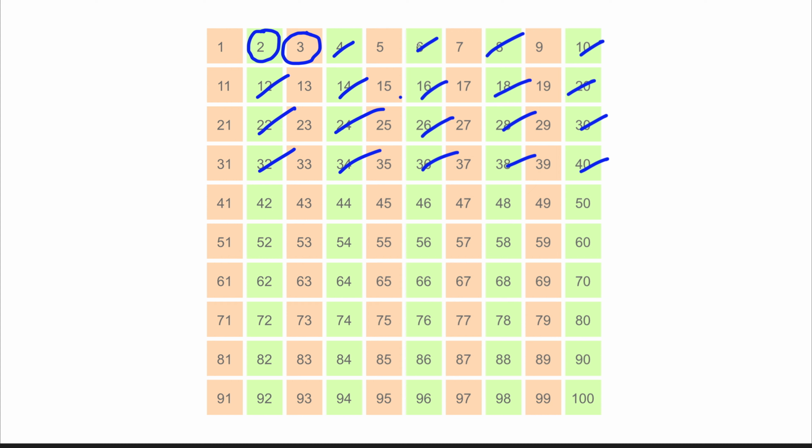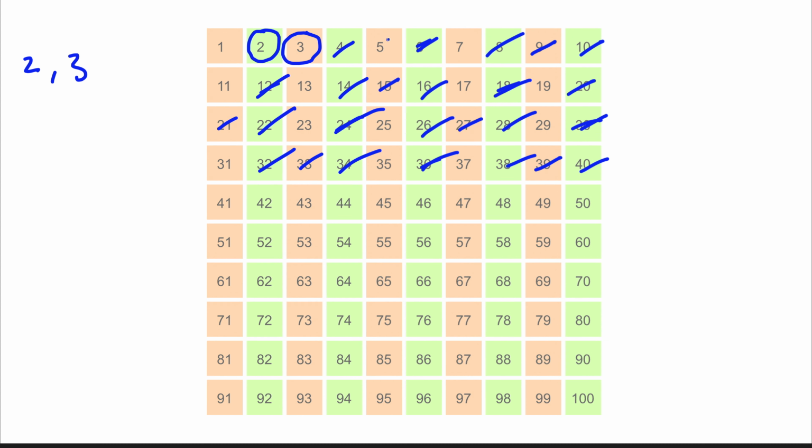So 6 is already crossed out, 9, 12, 15, 18, 21, 24, 27, 30, 33, 36, 39, and so on. So far we've got 2 and 3 as the prime numbers. We look at 4, that was crossed out, so we won't continue with that. It's not a prime number because it was a multiple of something else.